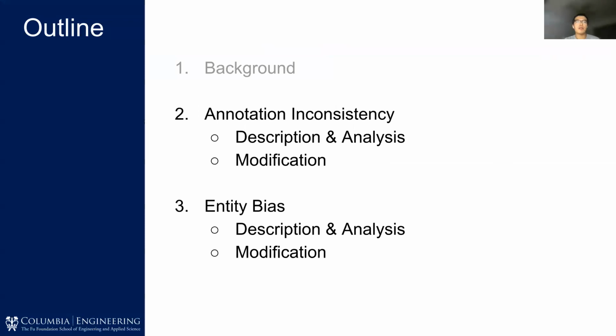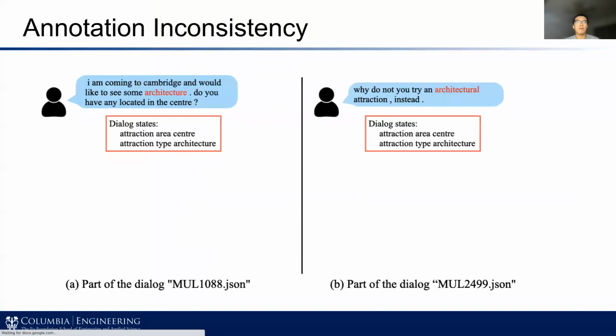So for the first aspect, the annotation inconsistency, we found that there are many cases where two dialogues have very similar context and user utterances, but the slot annotation strategy can be quite different.